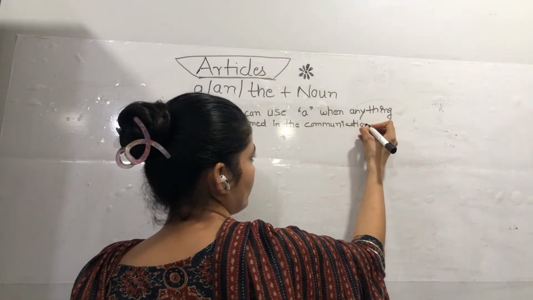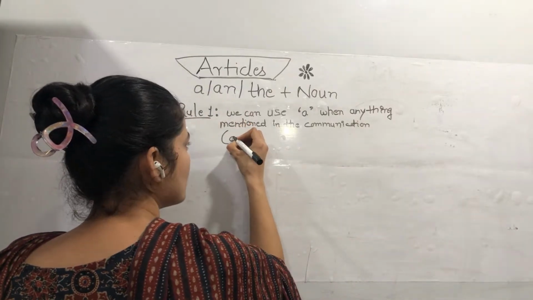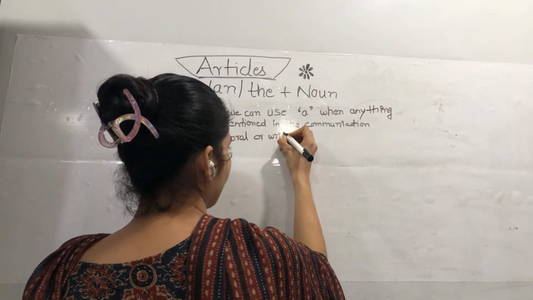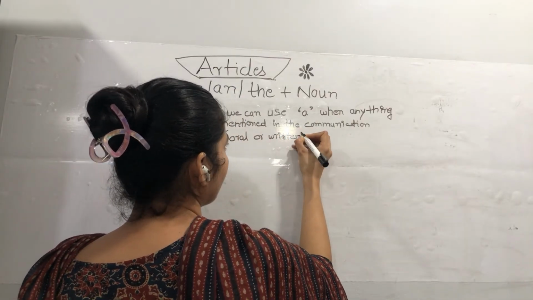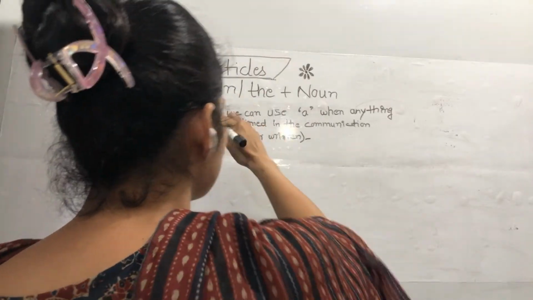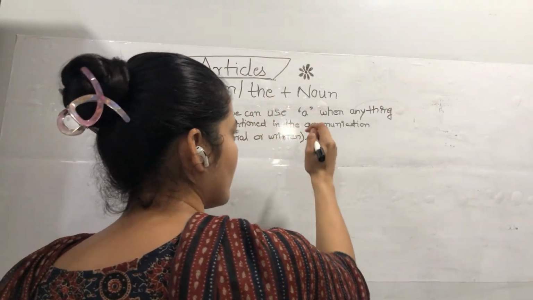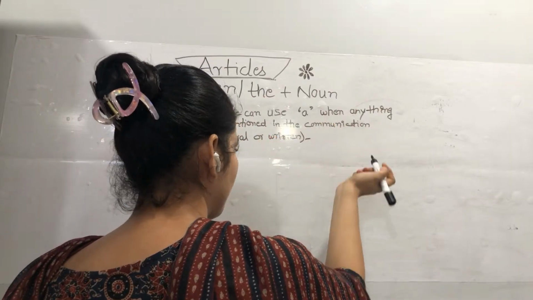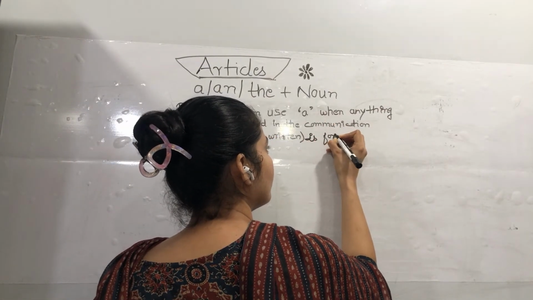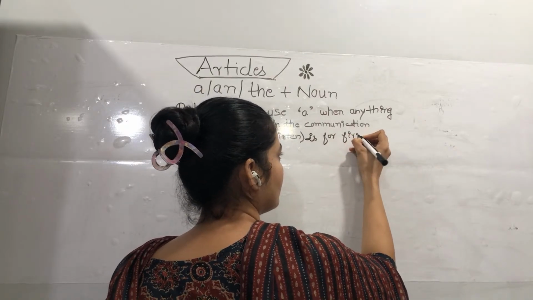And communication is oral also and written also, so it depends upon what you're talking or writing. When we use A, whether spoken or written, we can use A when anything mentioned in the communication is for the first time.